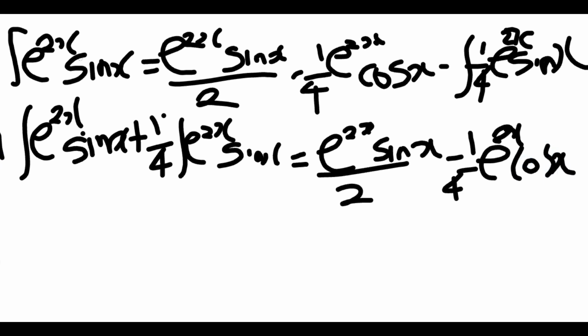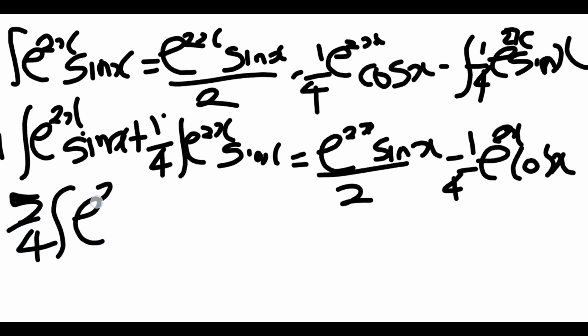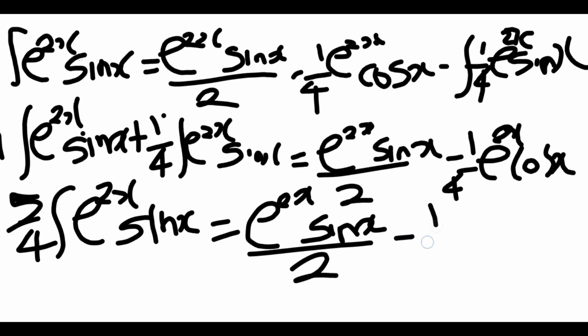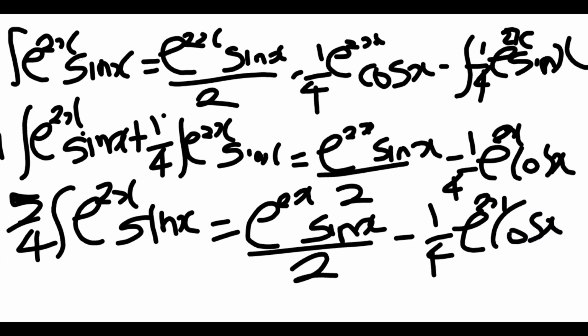So we're seeing that there's going to be an invisible 1 as usual, and all the time there's always an invisible 1. So 1 plus 1 over 4 is going to be equal to 5 over 4. So we're going to be having 5 over 4, the integral of e raised to the power 2x sine x. And this is going to be equal to e raised to the power 2x sine x over 2 minus 1 over 4 e raised to the power 2x cosine x.